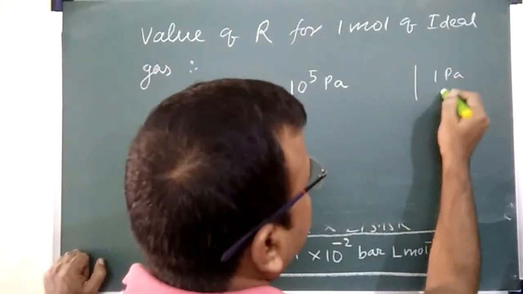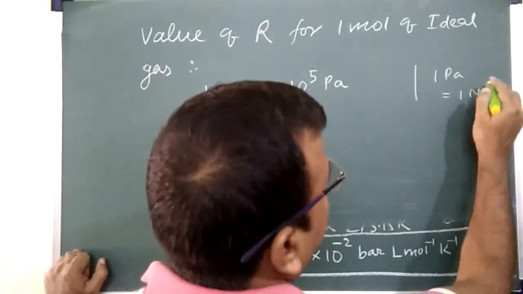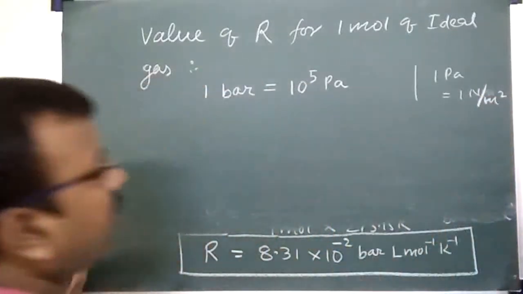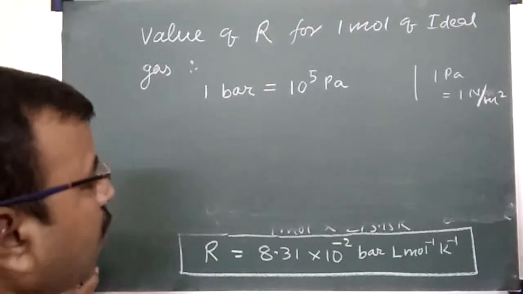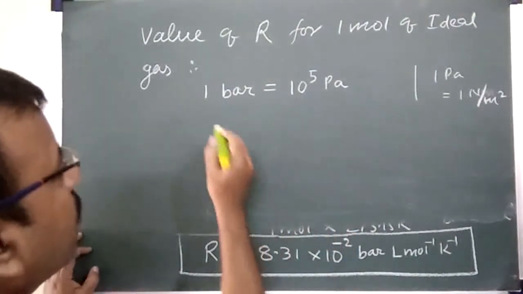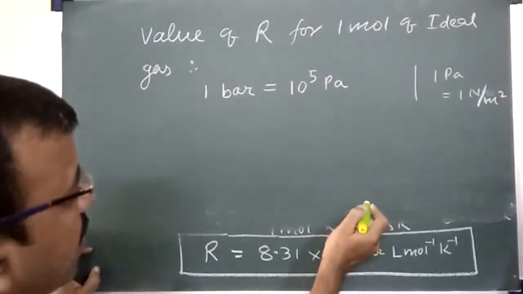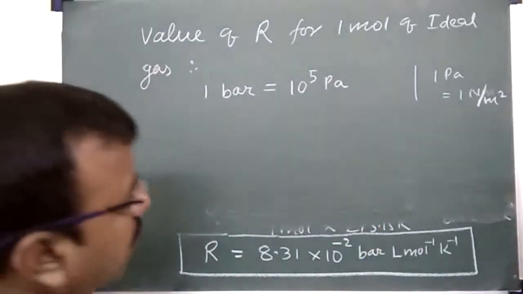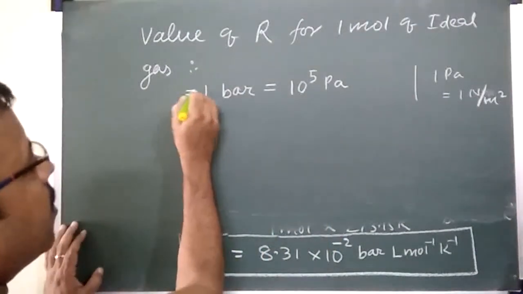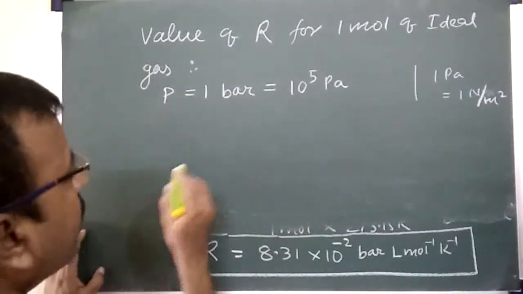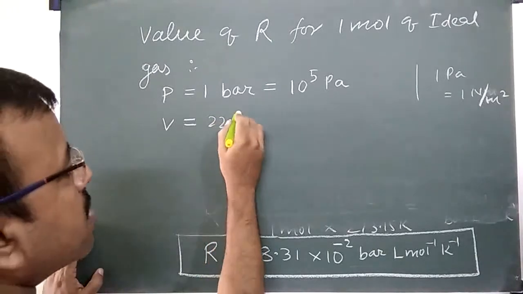1 Pascal is equal to 1 Newton per meter square. Here you see, this is the unit of pressure, and volume is in liter. So if pressure is 10 to the power 5 Pascal, molar volume is 22.7 liter.